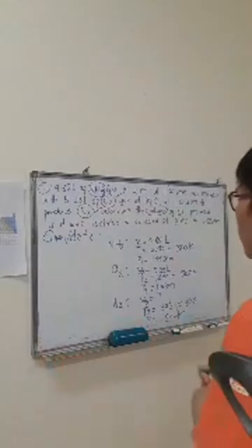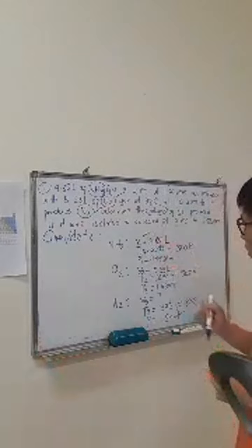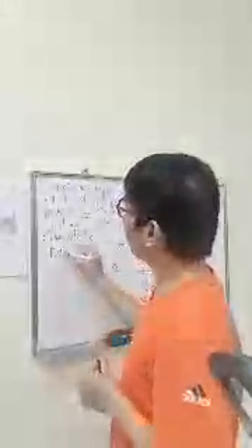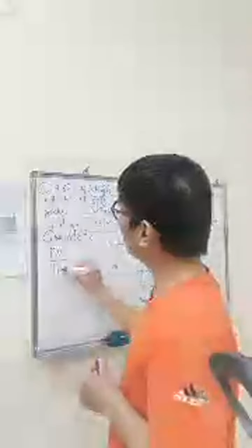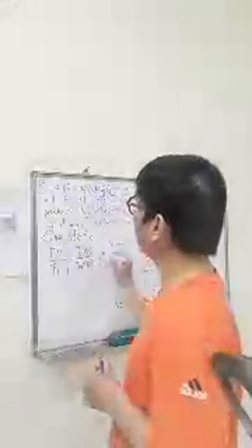Now, what comes to our mind? Volume 1, temperature 1, pressure 1, and so on. So you can say it's the combined gas ideal formula. You will say P1, V1, T1, N1 is equal to P2, V2, T2, and N2, right?